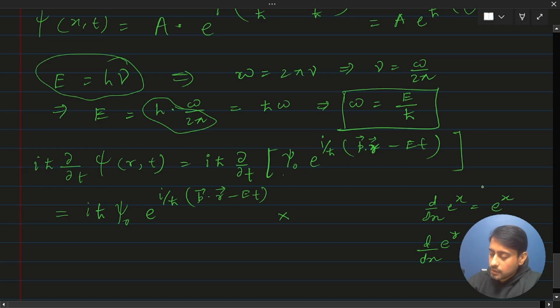So whatever is in the exponential becomes the y for you, and we will write the derivative of this term. So this will be i over h bar, and the derivative of the p dot r term with respect to t will be 0, because we are taking t and r as separate variables, so we will not take dr by dt.